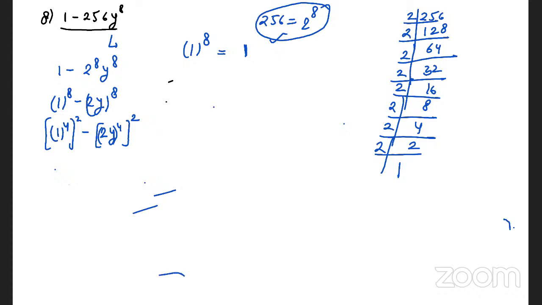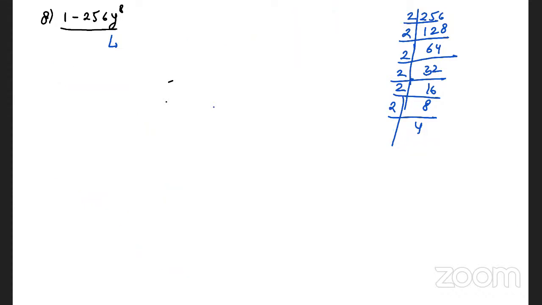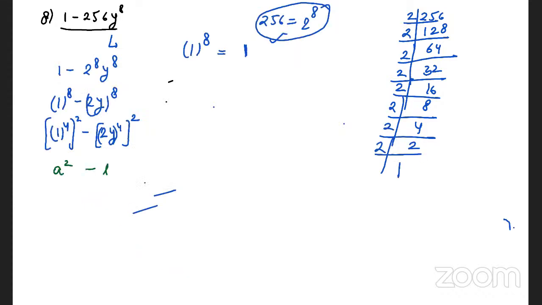Is it in the form of a square minus b square? Yes, sir. Where a is equal to 1 to the power of 4 and b is equal to 2y to the power of 4. So can I write it as a plus b, a minus b?